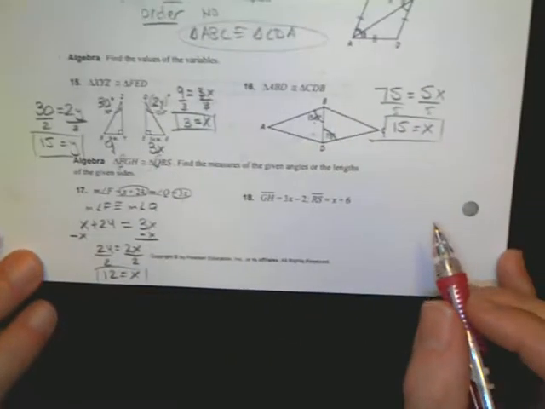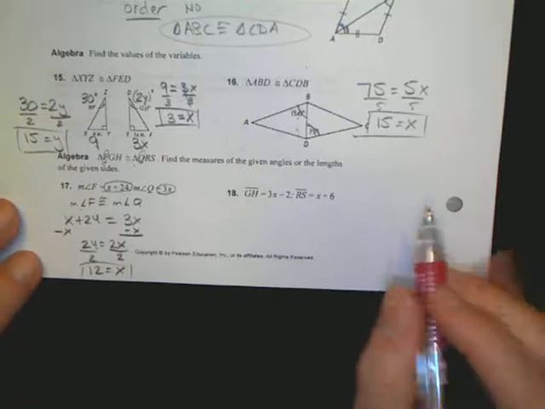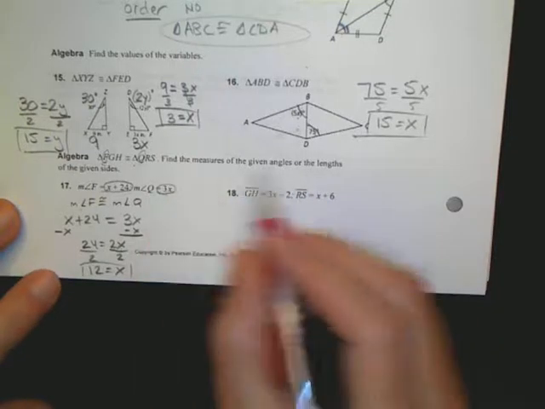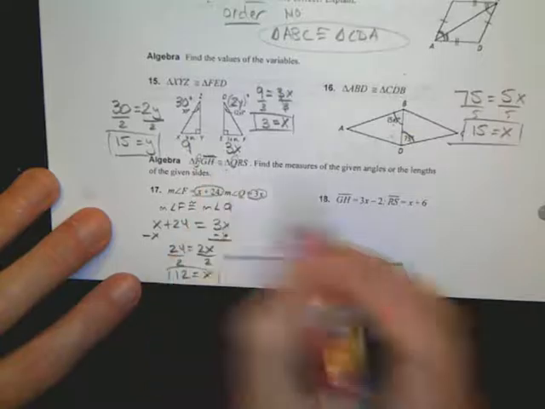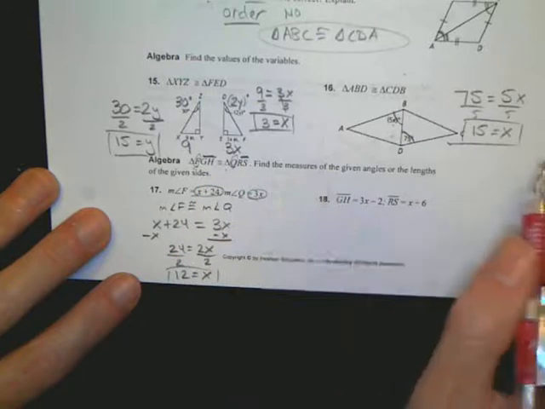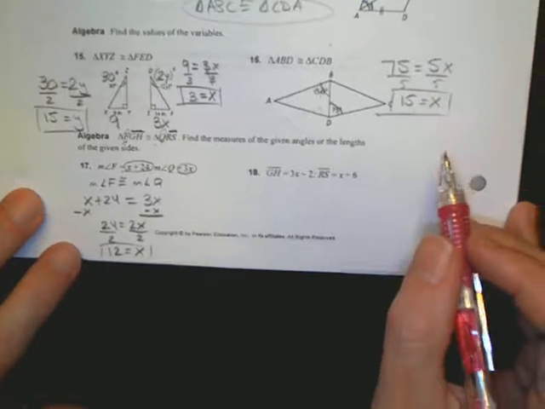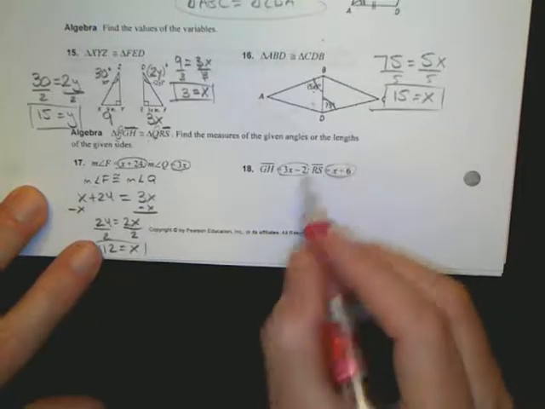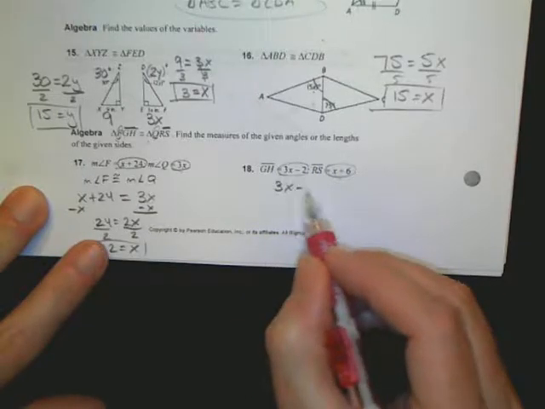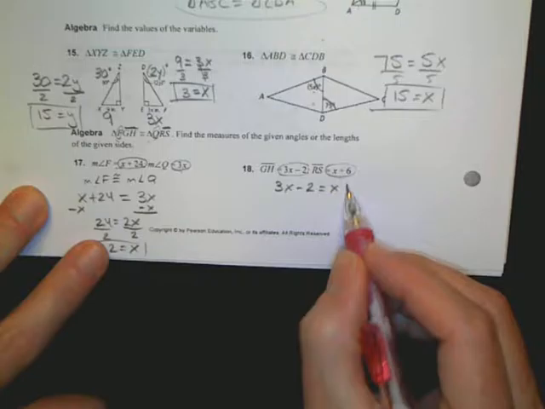For number 18, right beside it, same idea. Again, I know from the previous little triangle picture up above that GH is equal to RS. So I'm going to use that information over here. I can set these two little equations equal to each other. I can say 3x minus 2 equals x plus 6.